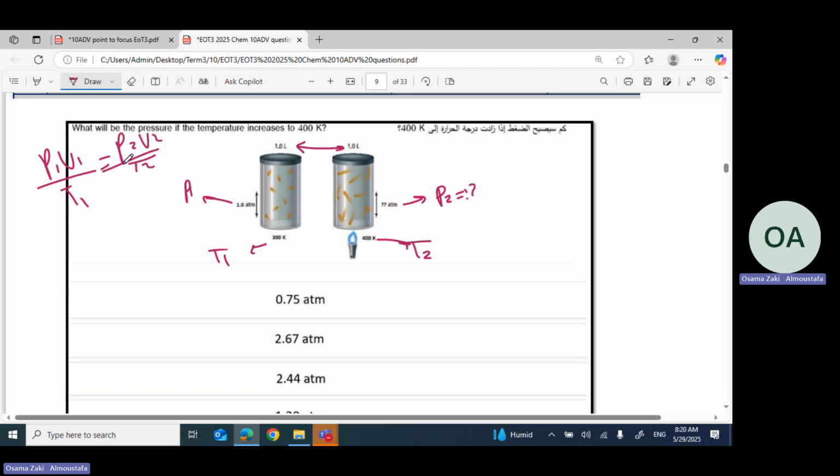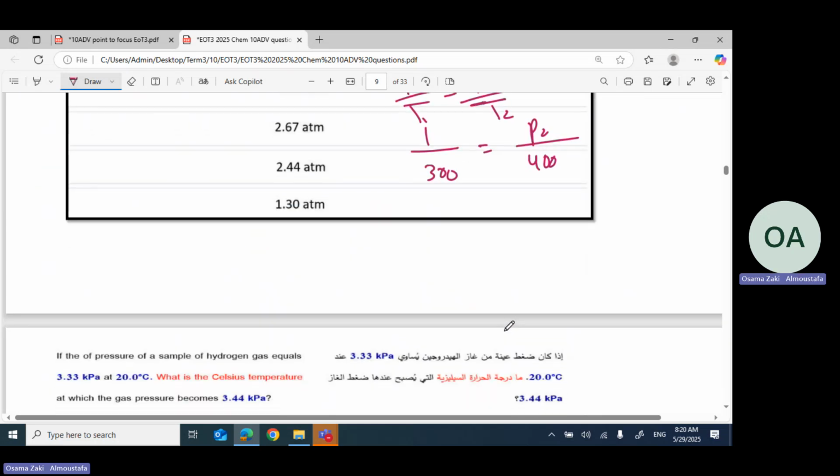Volume is constant, so cancel out the volume. The formula will be P1 over T1 equals P2 over T2. So P1, 1, over T1, 300, equals P2 over T2, 400. Then you can find it.